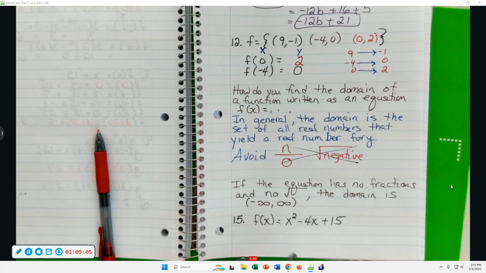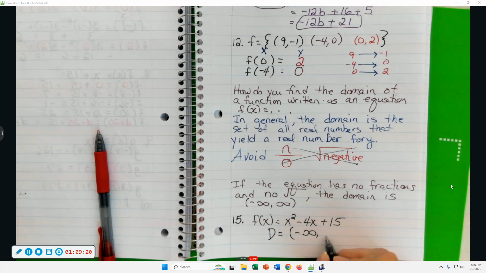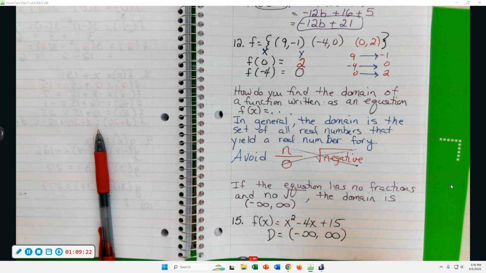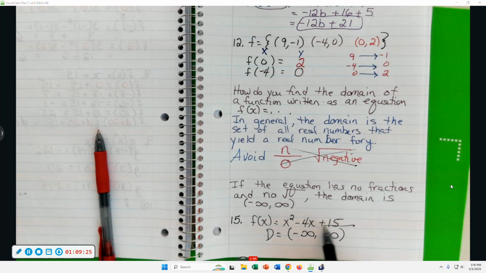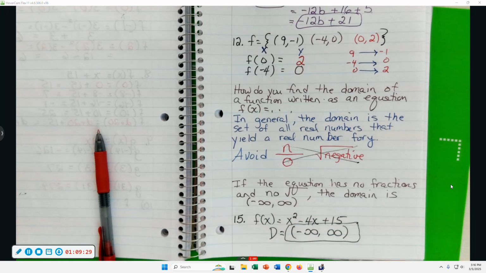Are y'all going to tell me the answer to number 15? It shouldn't take a lot of work. By that I mean you don't have to write out anything. You just tell me what the domain is. Negative infinity to infinity. That's a way of writing all real numbers. You can plug any number you want in for x. You'll get a y value back, and you can plot that point on an xy grid.